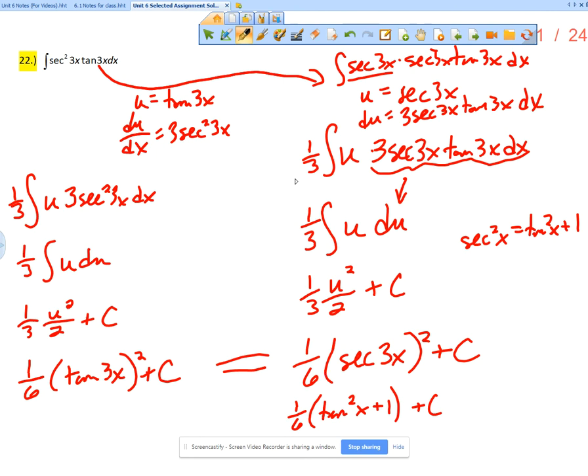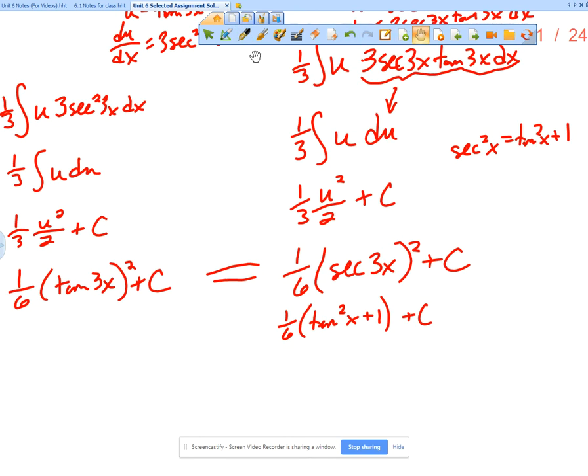When you distribute the 1/6, you get 1/6 tangent squared of x, just like that, but then I have plus 1/6 plus c. 1/6 plus c is equally arbitrary as just plus c. So these answers are equivalent.